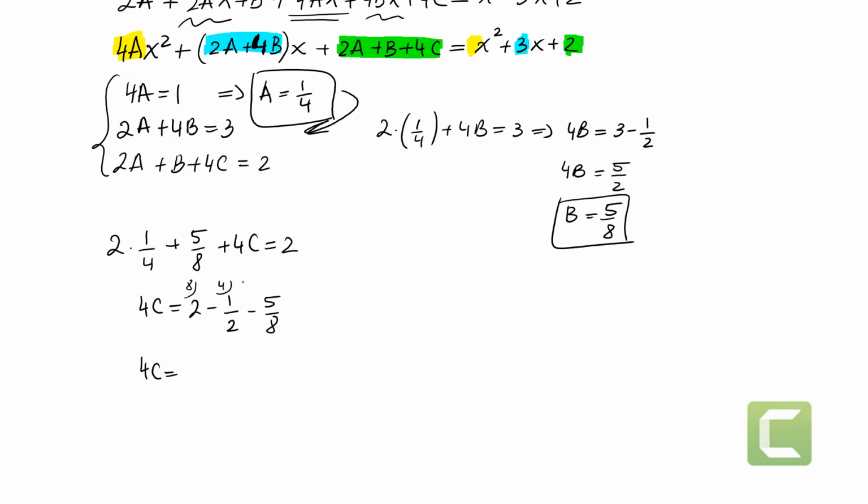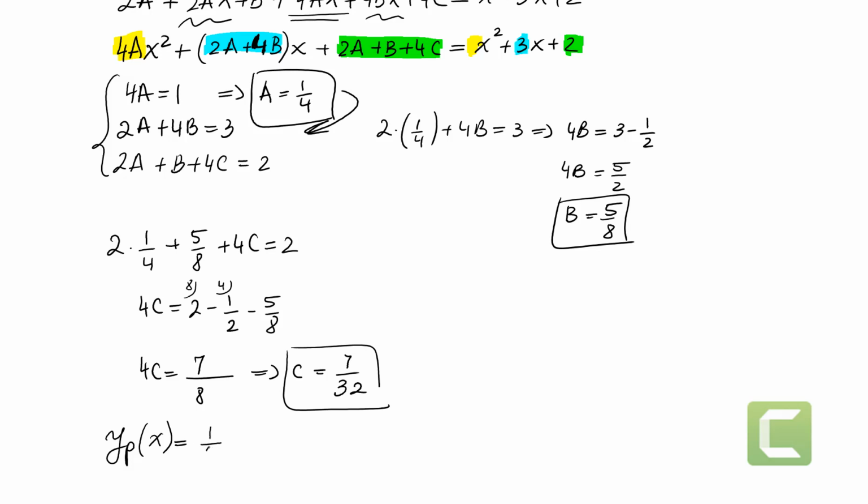So we get 16 minus 4, that's 12, minus 5, that's 7 over 8. So c equals 7/32. So then the particular solution is 1/4 x squared plus 5/8 x plus 7/32.